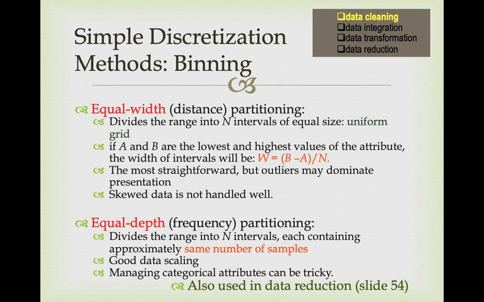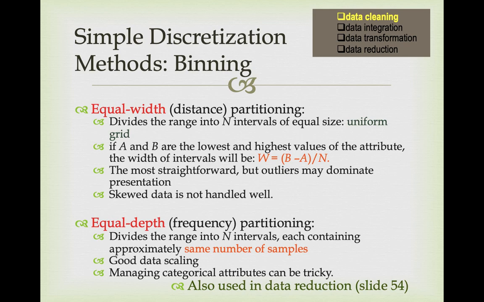Okay, a simple discretization method is binning, equal width, or what we call distance partitioning. Divide the range into N intervals of equal size, or uniform grid.